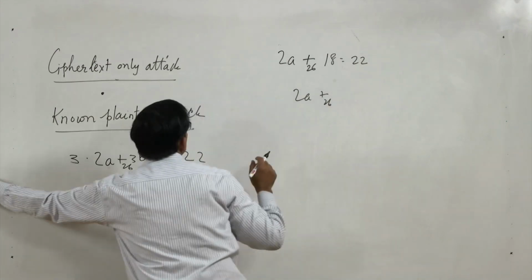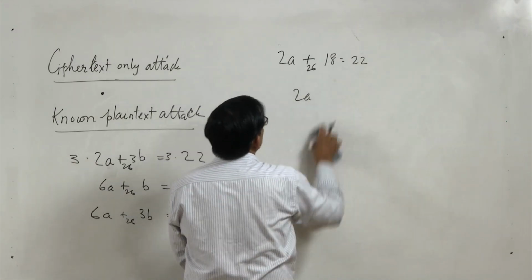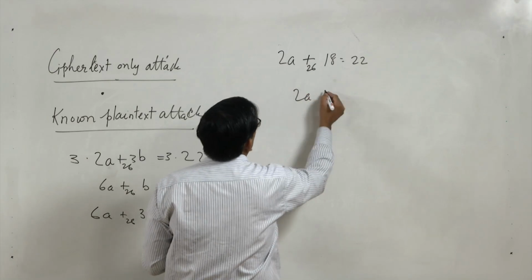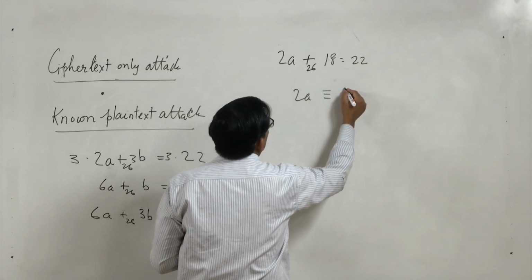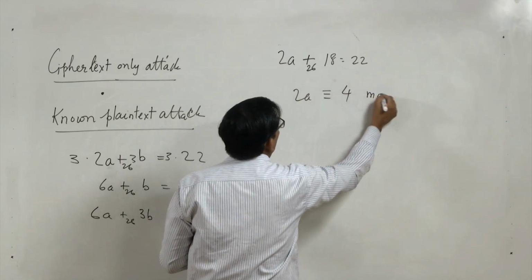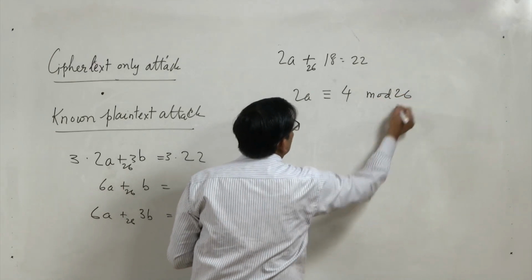So, it basically gives me that 2A is congruent to 4 mod 26.